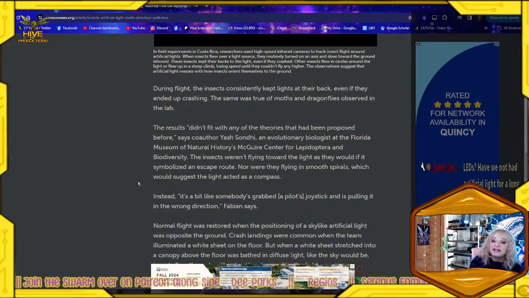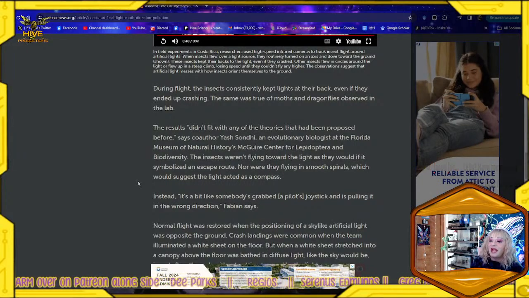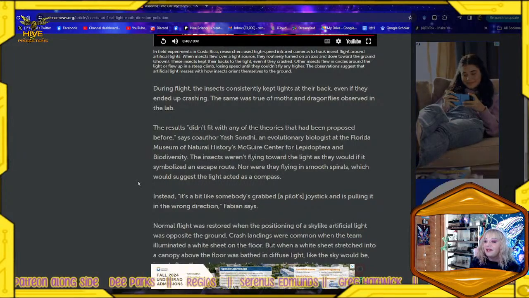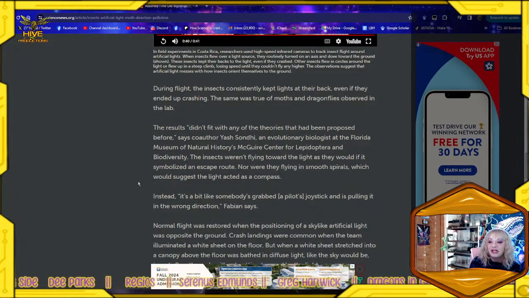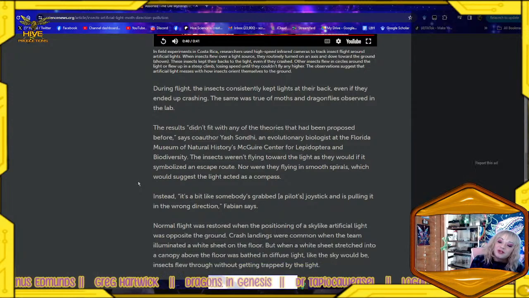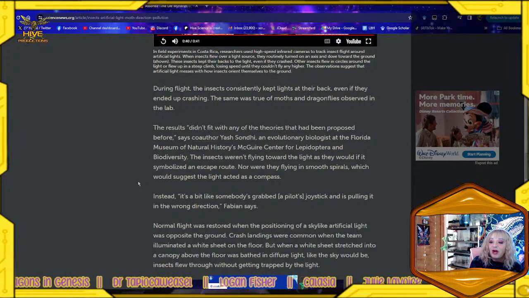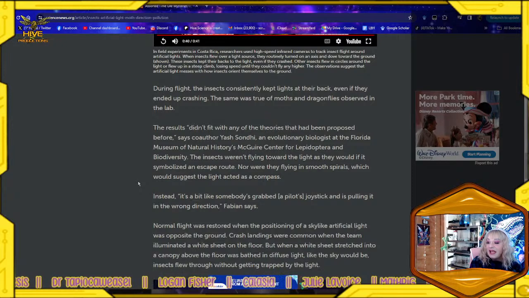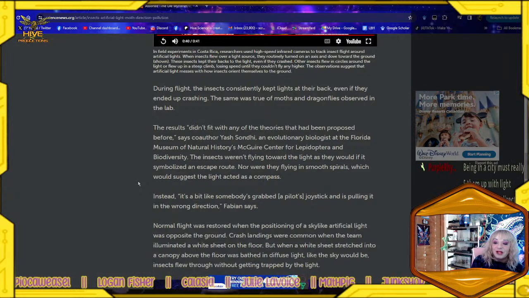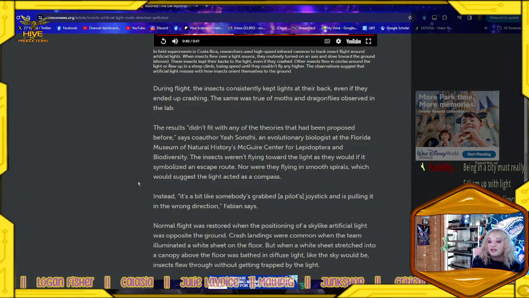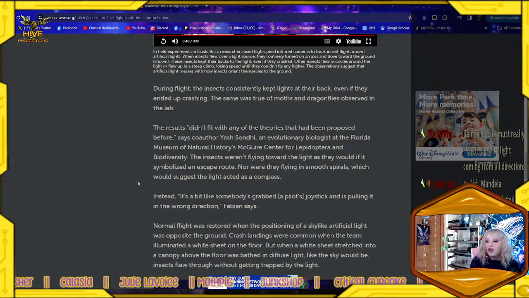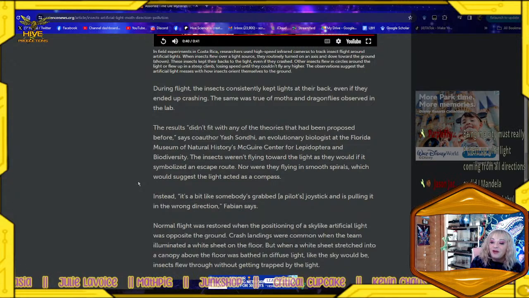During flight, the insects consistently kept light at their back, even if they ended up crashing. The same was true of moths and dragonflies observed in labs. The results didn't fit with any of the theories that had been proposed before, said co-author Yash Sondhi, an evolutionary biologist at Florida Museum of Natural History's McGuire Center for Lepidoptera and Biodiversity.